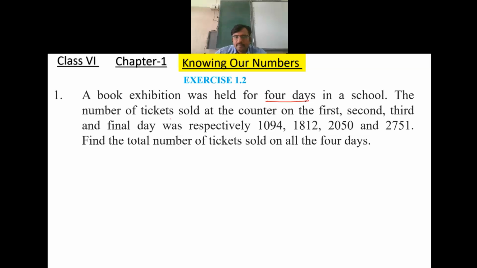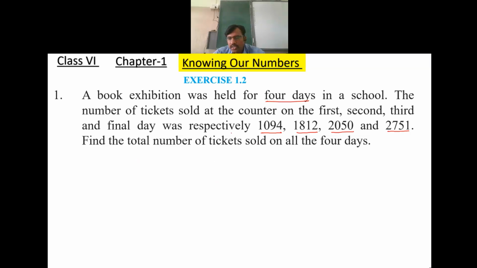The number of tickets sold at the counter on the first, second, third and final days are respectively 1094, 1812, 2050, 2751. You should find out the total number of tickets.